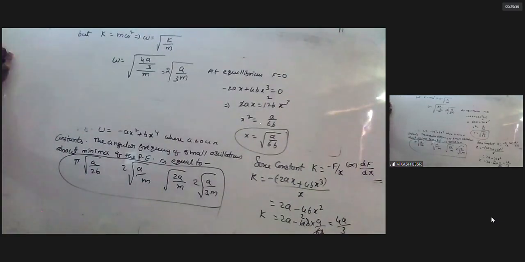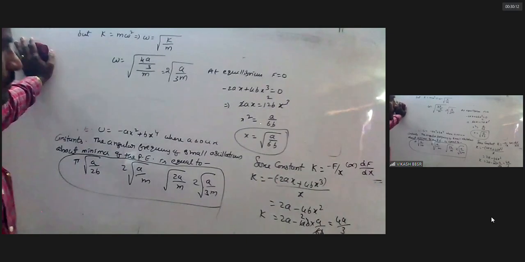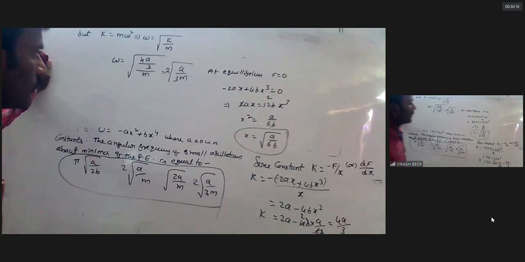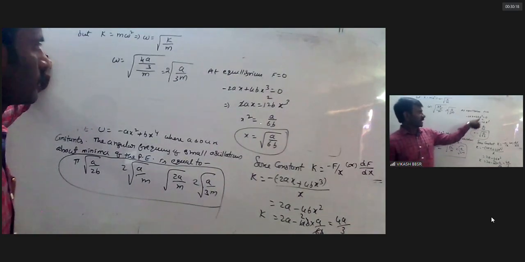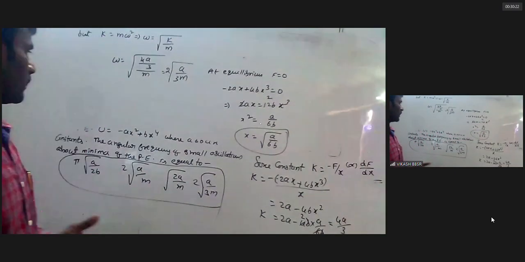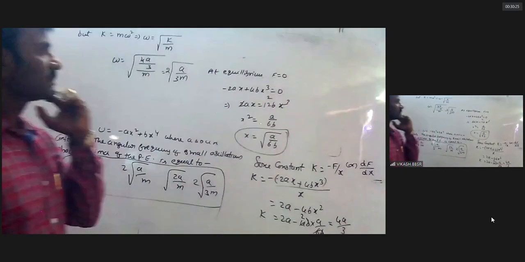Suppose if we use the df by dx, what do you get now? df by dx. Right. Then why have you written 12 here? Why is it 12 here?